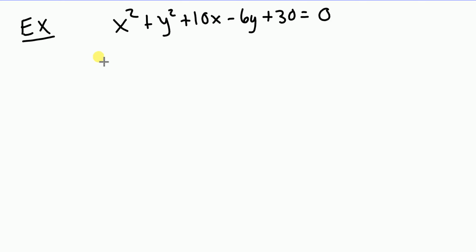Alright, x's together, y's together, so x squared plus 10x plus y squared minus 6y, and then move the constant over to the other side, equals negative 30.